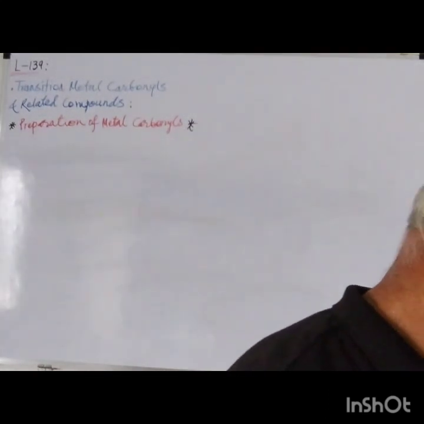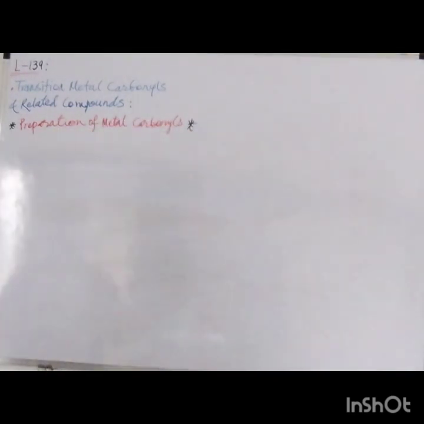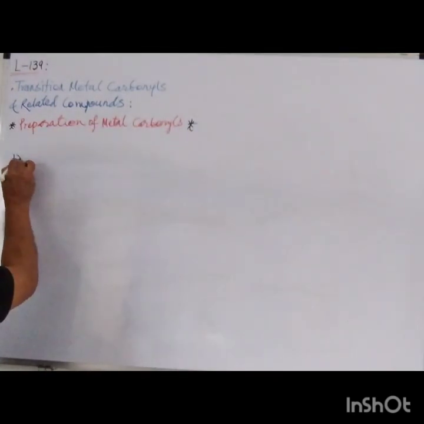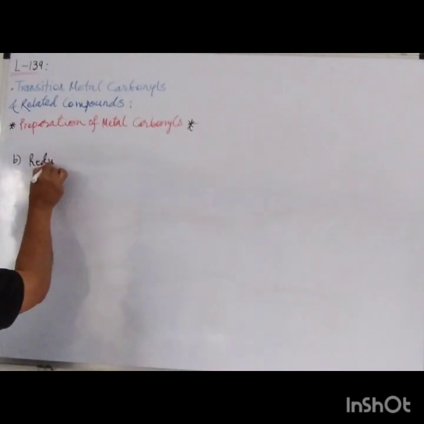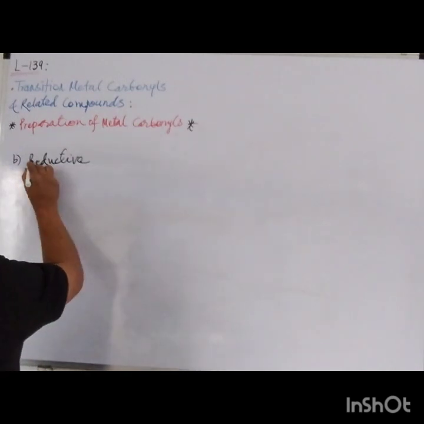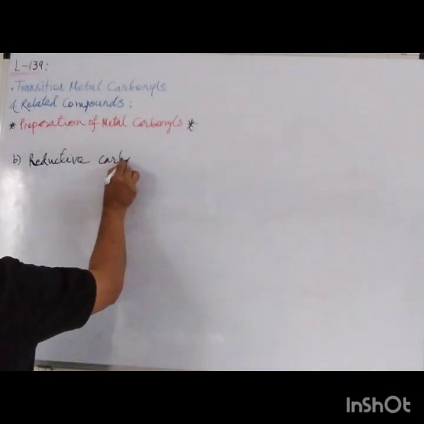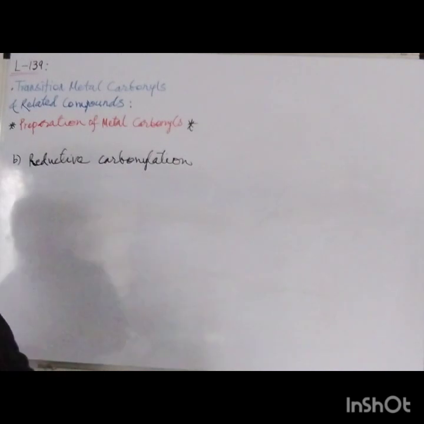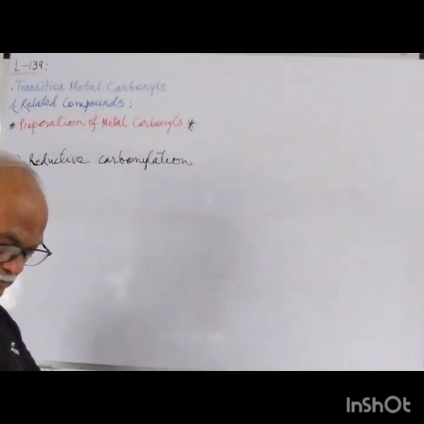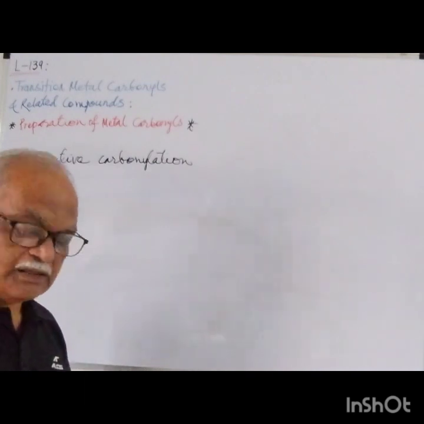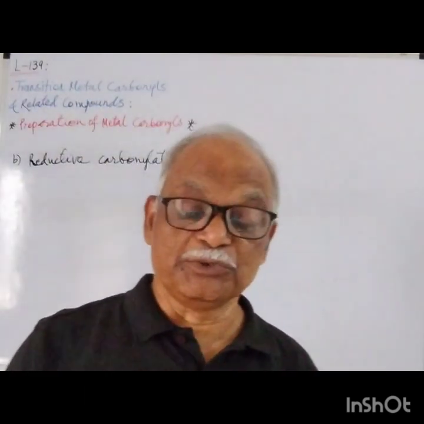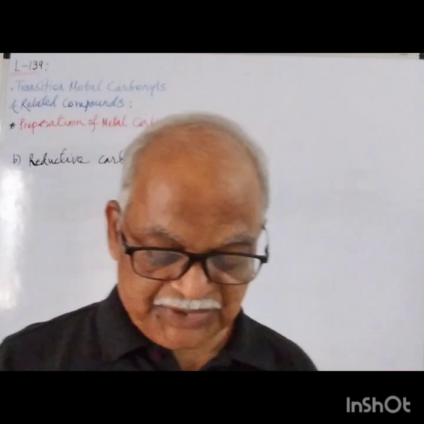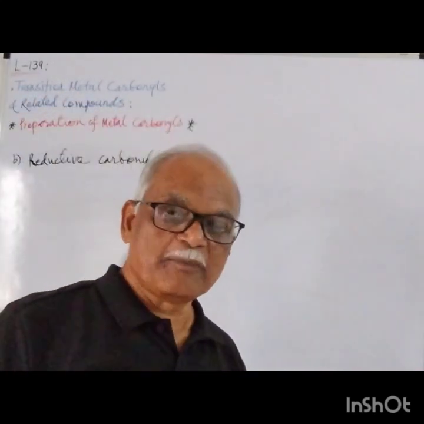Second method is reductive carbonylation. This is a very commonly used method and it makes use of a variety of reducing agents.